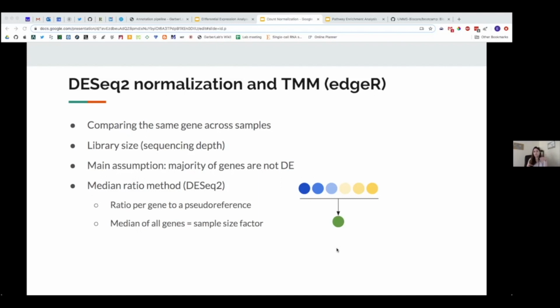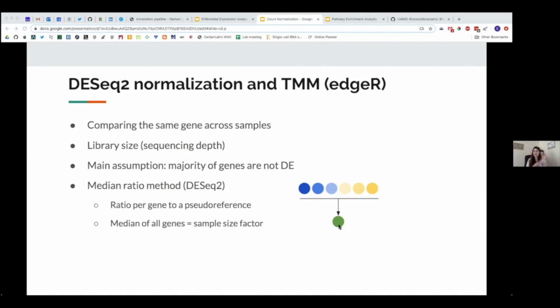It's a non-existent sample that is just the geometric mean of the read counts across all your other samples, okay? Then you calculate a ratio for each gene of the counts you saw in sample 1 to the counts you saw in the pseudo reference, okay?